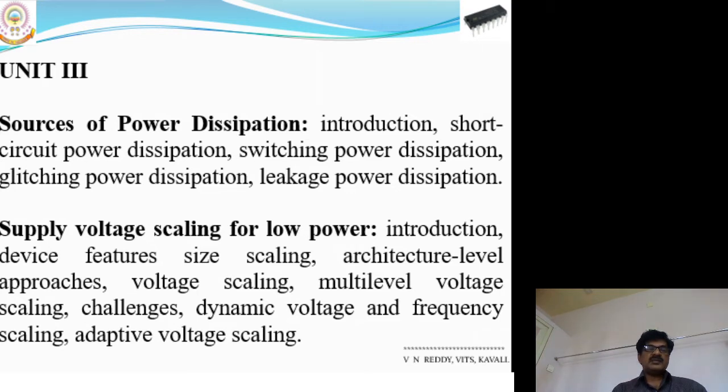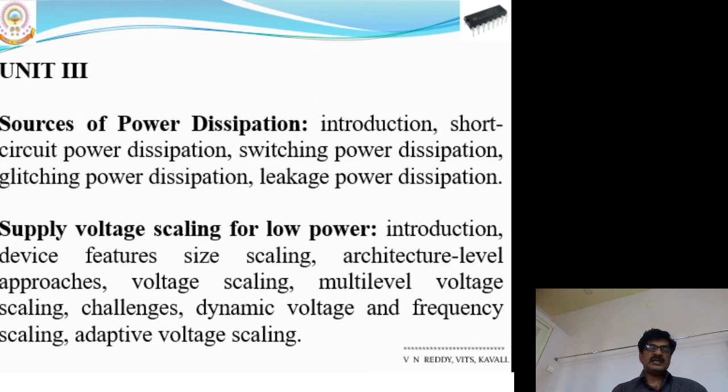The second part of the third unit introduces one of the methodologies, that is supply voltage scaling. As you know, power dissipation reduction techniques can be applied at any level of abstraction of the VLSI design flow.